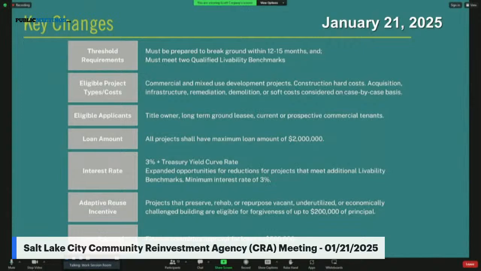In the current program, applicants can reduce their interest rates by meeting certain public benefit criteria, and they can get the interest rate down to as low as the Treasury rate, which in recent years has been very low. So we would like to expand the interest rate reduction options using the livability benchmarks like we were talking about, as the reduction criteria, but then setting the interest rate floor at 3%.